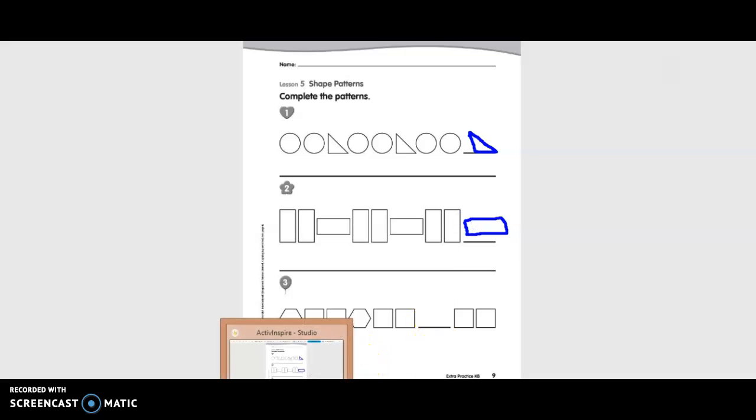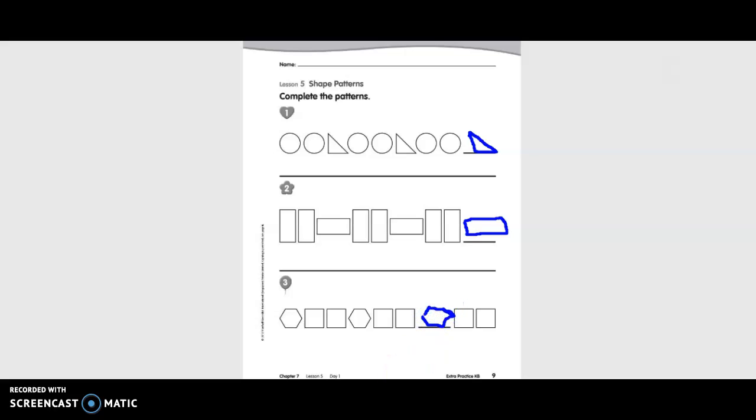Our next one is a hexagon, square, square. Hexagon, square, square. This one's missing in the middle of it. So let's go back. Hexagon, square, square. What's between the squares? We have to draw a hexagon. Oop, that's not going very good.